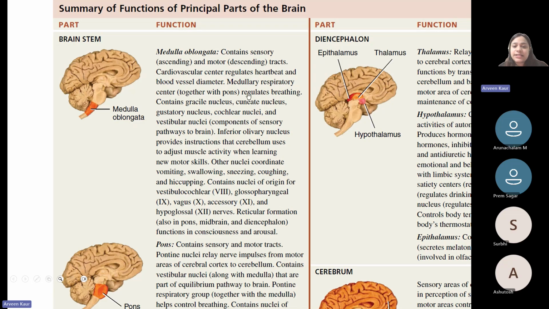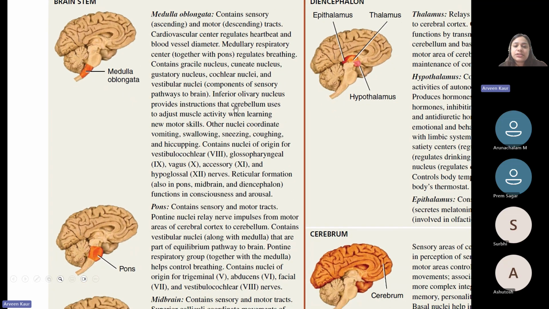Medullary respiratory center regulates breathing, and it contains gracile nucleus, cuneate nucleus, gustatory nucleus, cochlear nucleus, and vestibular nuclei. Then inferior olivary nucleus provides instructions that cerebellum uses to adjust muscle activity when learning new motor skills.